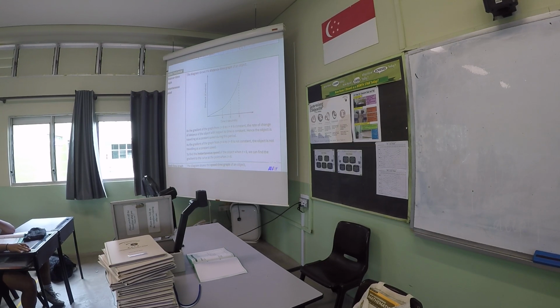Every point on this line, the y at that point is the same as the x at that point. Okay? If we have this one, y equals x squared, every point on this line is also how the y value and the x value are related.